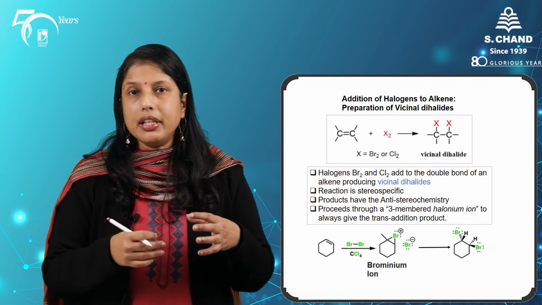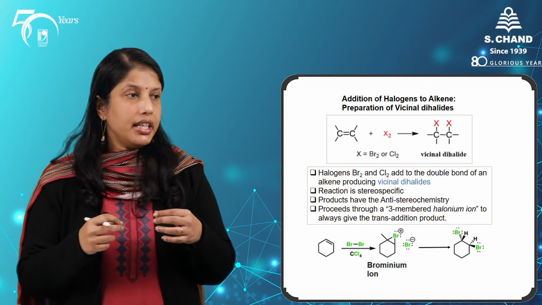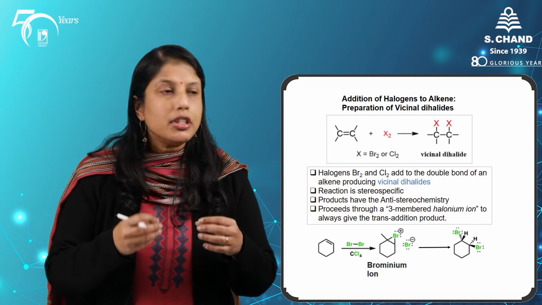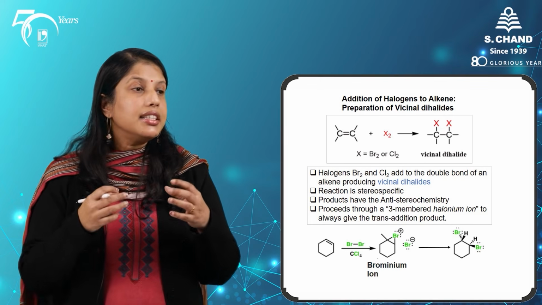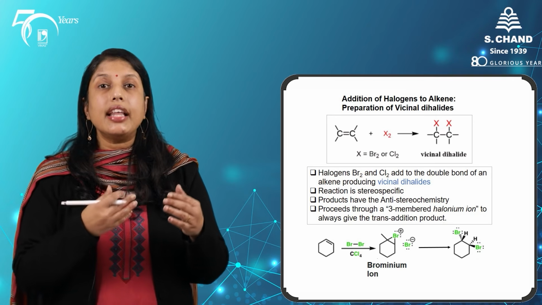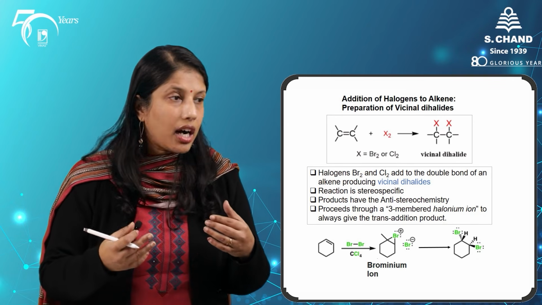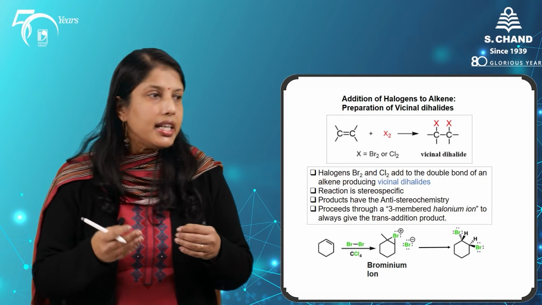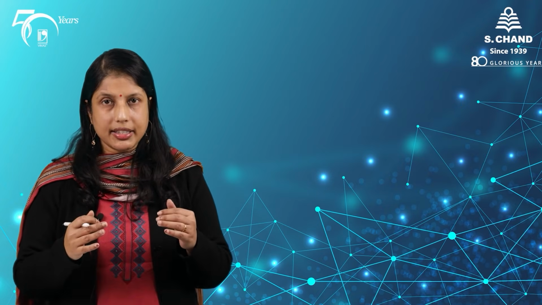So, for example, if a solution of bromine, which has a dark brown color, is added to an alkene like cyclohexene, then the color gets discharged or it quickly disappears. Why? Because bromine has added to the double bond of cyclohexene.